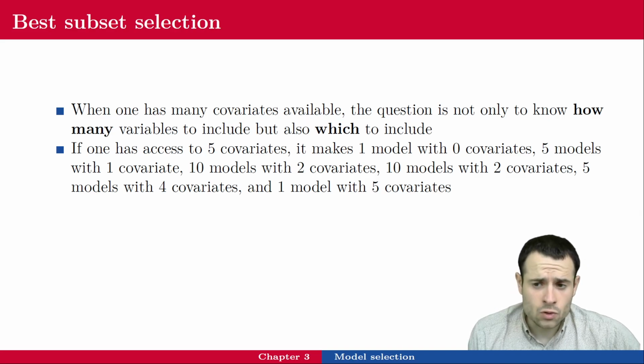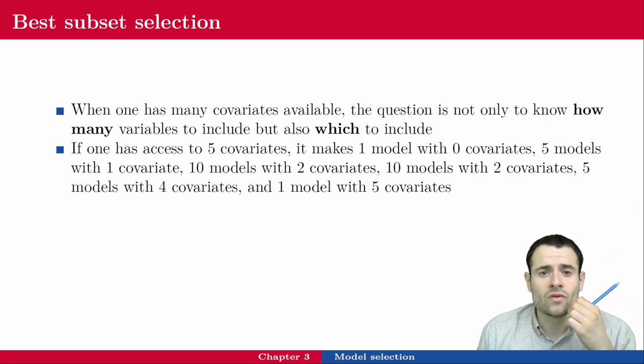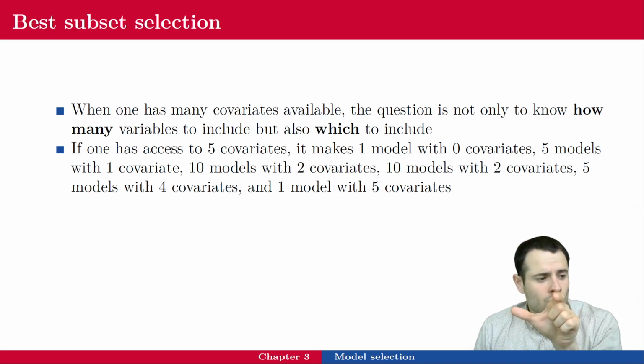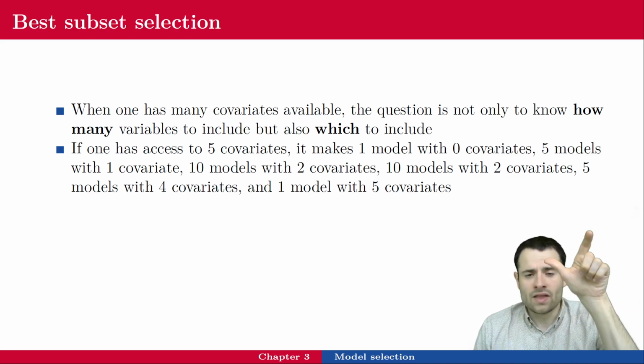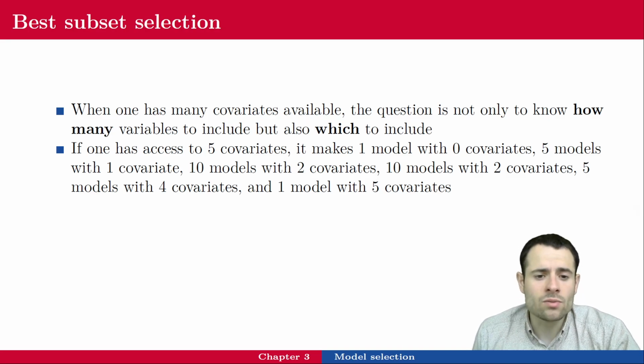There's going to be 10 models with 3 covariates as well. There are 5 models with 4 covariates. You can choose these 4, then these 4, and so on. There's only 5 different combinations of 4 variables. And finally, there is only one model that has 5 covariates. The full model, the complete model.